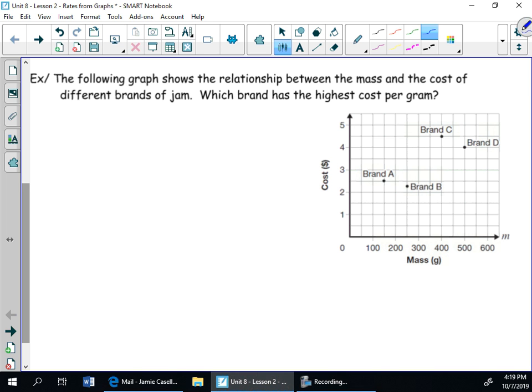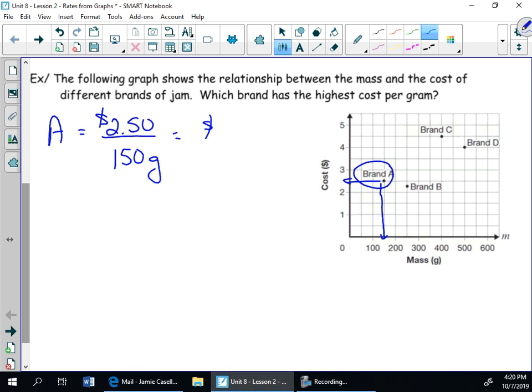So brand A, if I read off the graph here, costs me $2.50 for 150 grams. So A is $2.50 for 150 grams. Well, that's the same information I was given previously in words, just getting it off the graph.